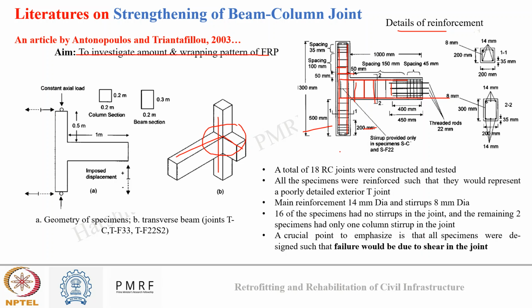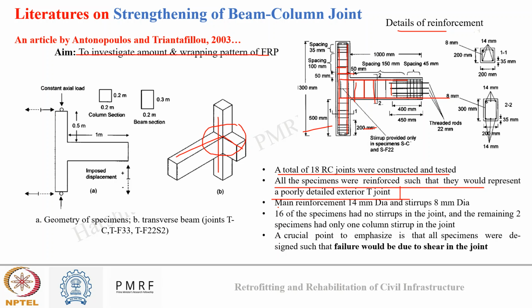Okay. Now, a total of 18 RC joints were constructed and tested in the study. All the specimens were reinforced such that they would represent a poorly detailed exterior T joint. Why poorly detailed? So that we can see failure earlier and we can see how that failure is improved by the use of FRP.